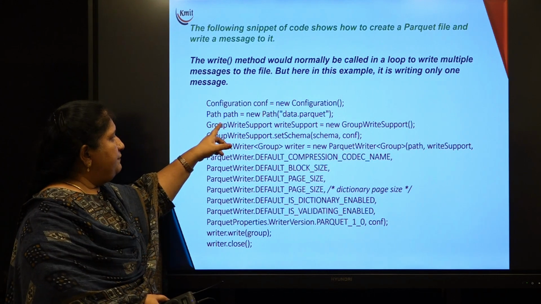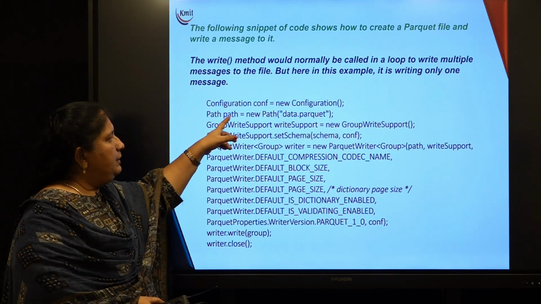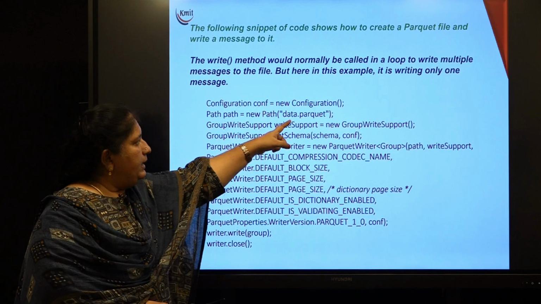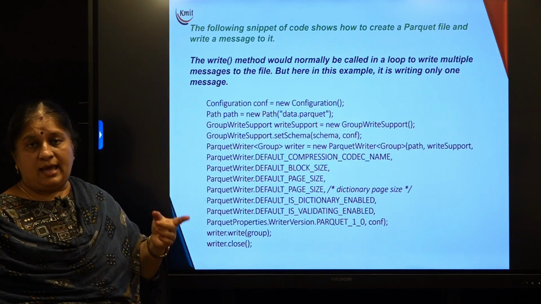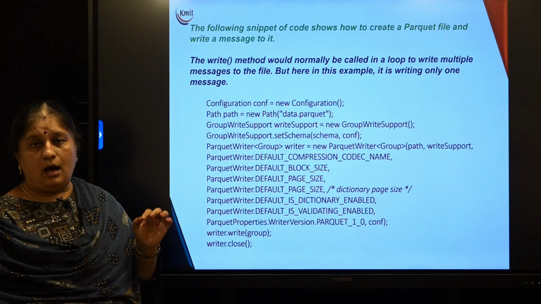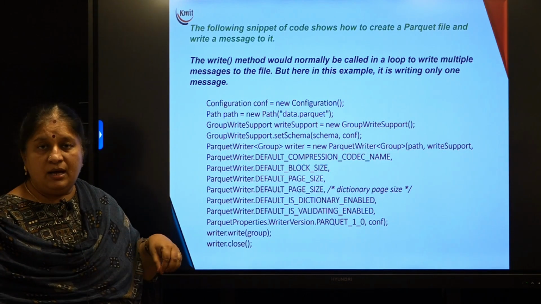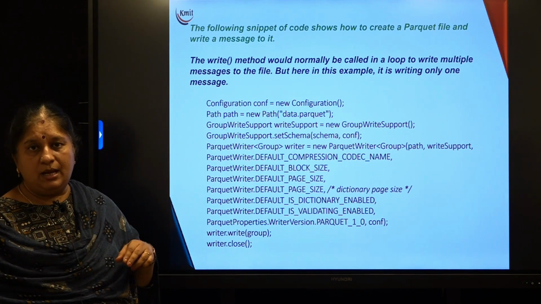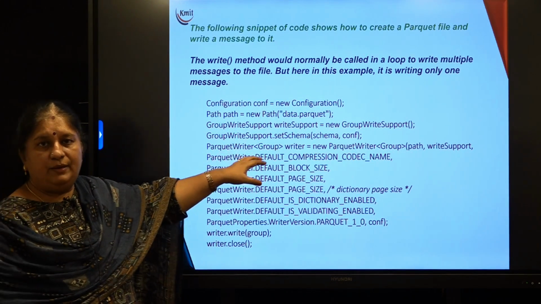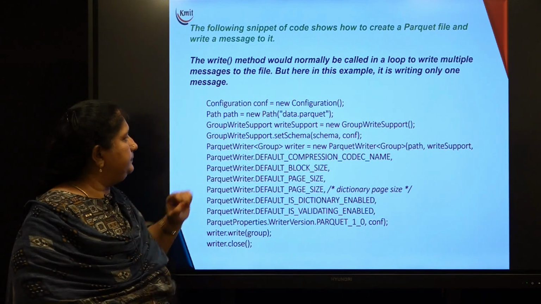You are trying to define the path for the file, and mind the file has the extension .parquet. If you remember, if it is Avro, you will have .avro. If it is a schema defined in Avro, you will have .avsc, which stands for Avro schema, and if it is a Parquet file, it will have the extension .parquet.